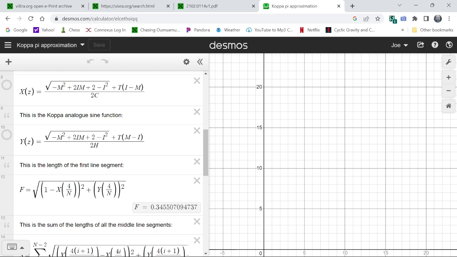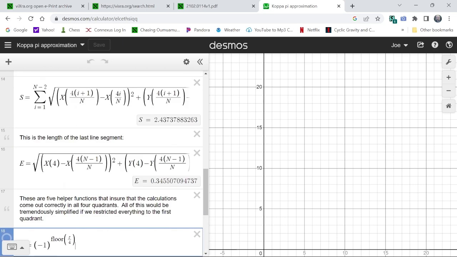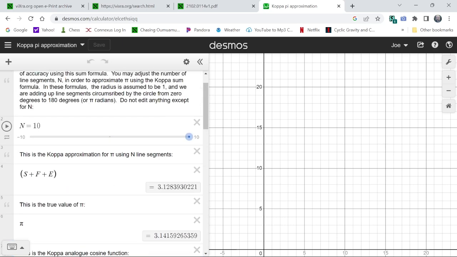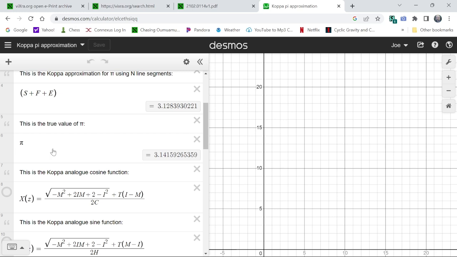The major point here is that nowhere on this page, in any of these calculations, is traditional angle measure referenced at all. The number pi is not used except for comparison. I put the true value of pi here, but this is not used in any of the calculations at all.